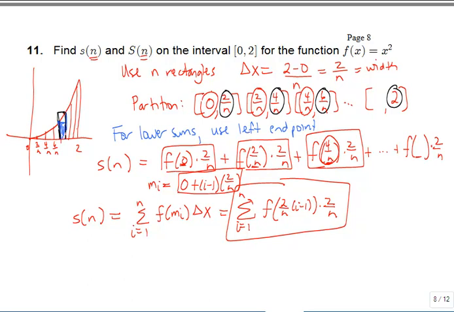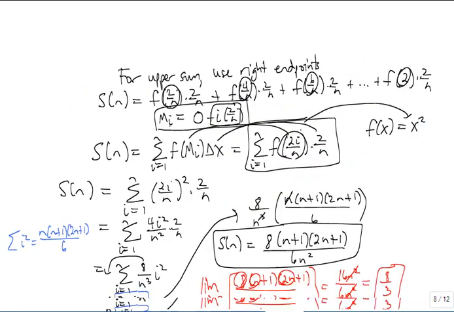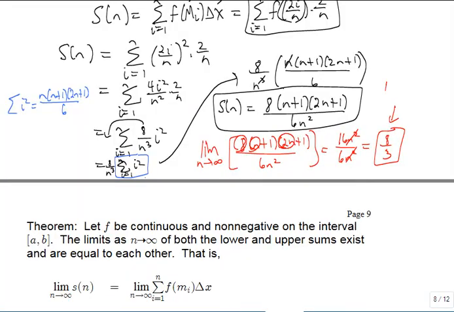But if you were to take more and more rectangles and make the number n go to infinity, that's what we did when we took our limit, then these upper and lower sums would start to approximate each other and get closer and closer together. And what you would get is in the limit, that sum becomes the exact area. So this 8/3 is the exact area under x squared from 0 to 2.